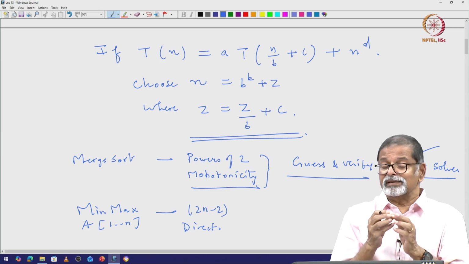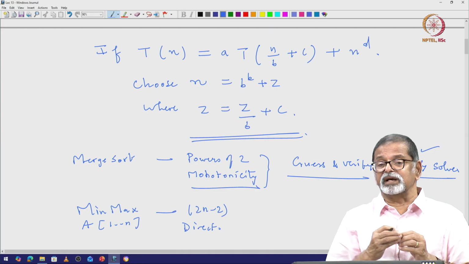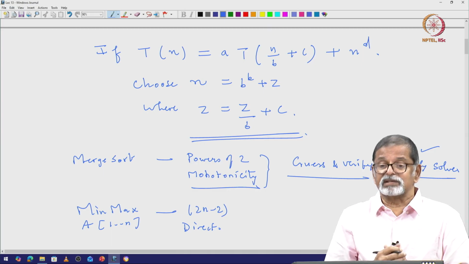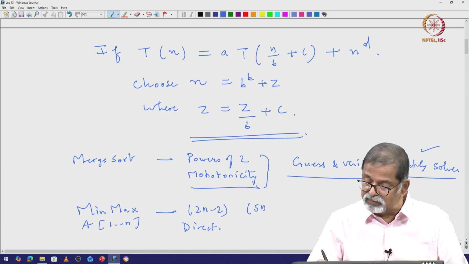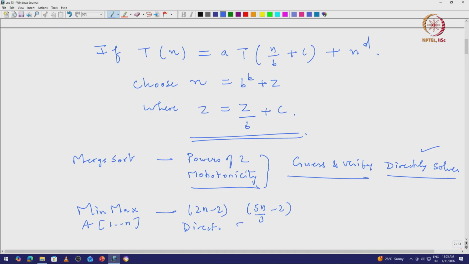So see whether it gives an advantage to bottom out at a larger subproblem. When we did that, we could get a 5n by 3 minus 2 algorithm, bottoming out over a larger subproblem. We got some efficiency.